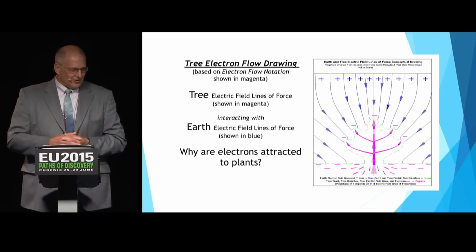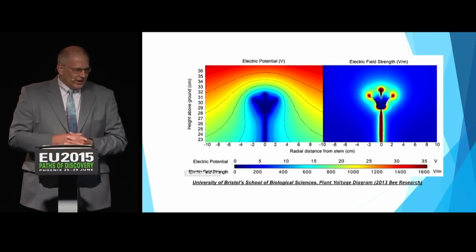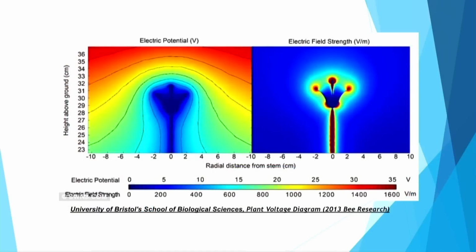So here's a diagram from the University of Bristol School of Biological Sciences, plant voltage diagram, 2013 bee research. Many of you probably remember seeing this a couple years ago online.